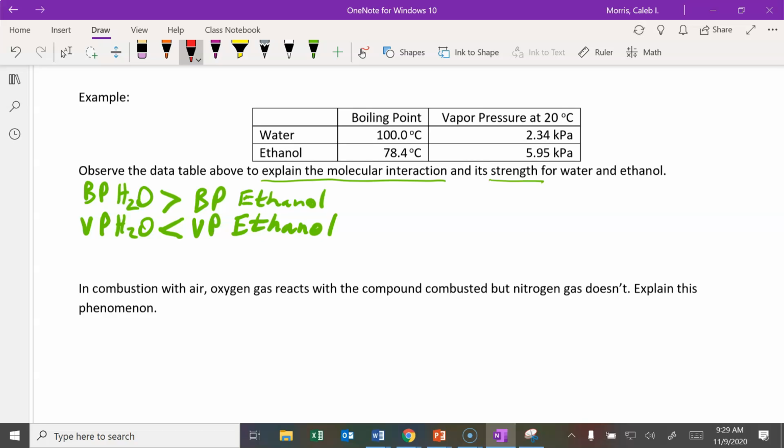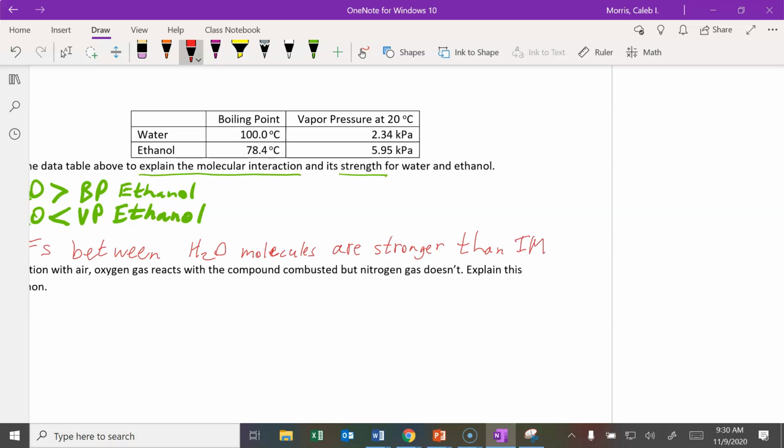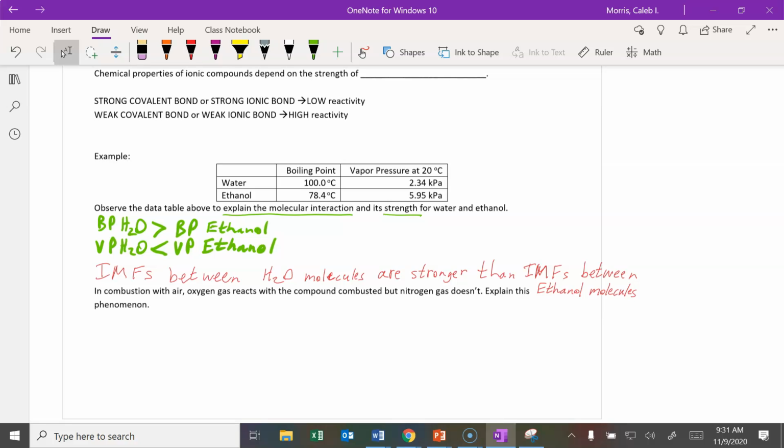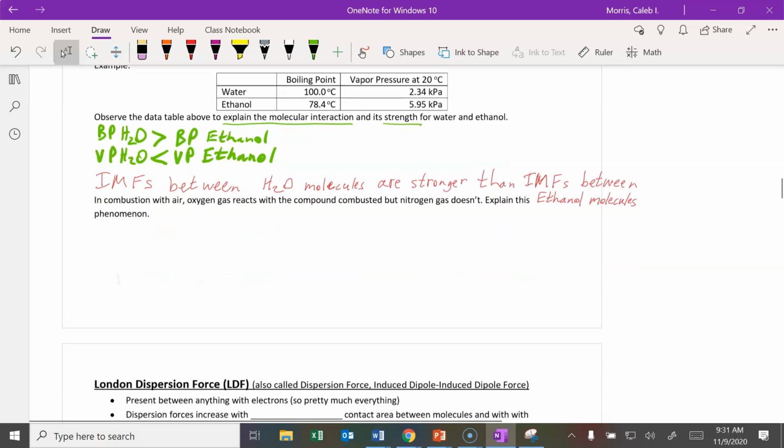And what they tell us is that the intermolecular forces between water molecules are stronger than the forces between ethanol molecules. So something that we can keep in mind: the intermolecular forces must be stronger in order for the boiling point to be higher. All right, let's go on to the next one.